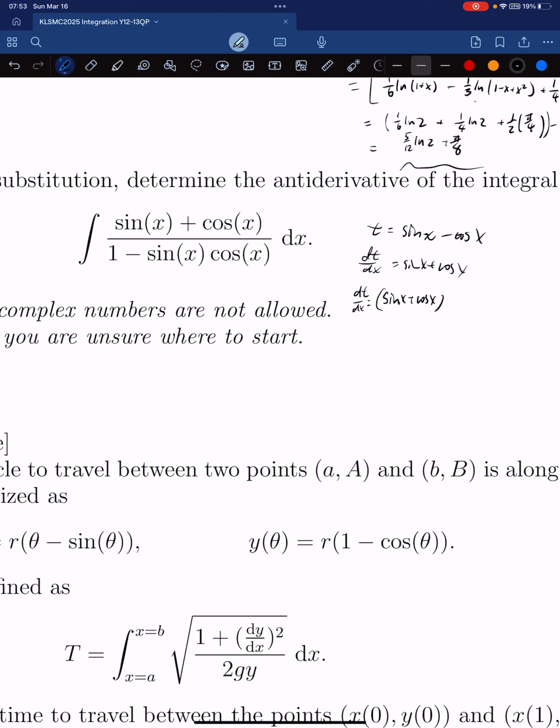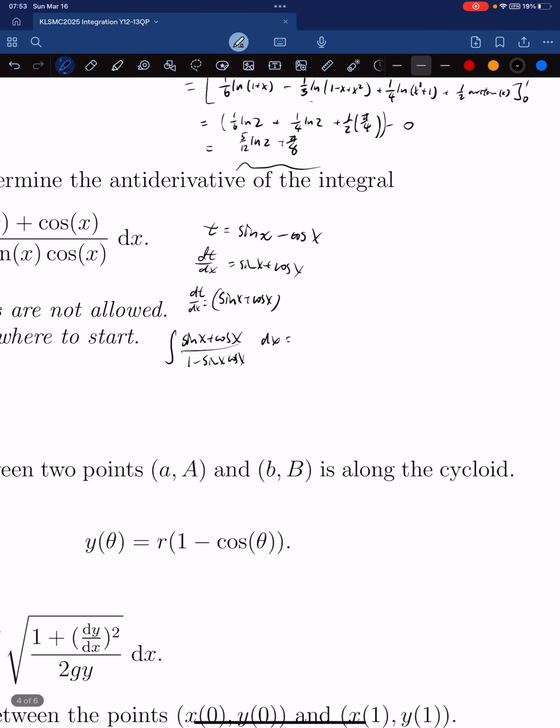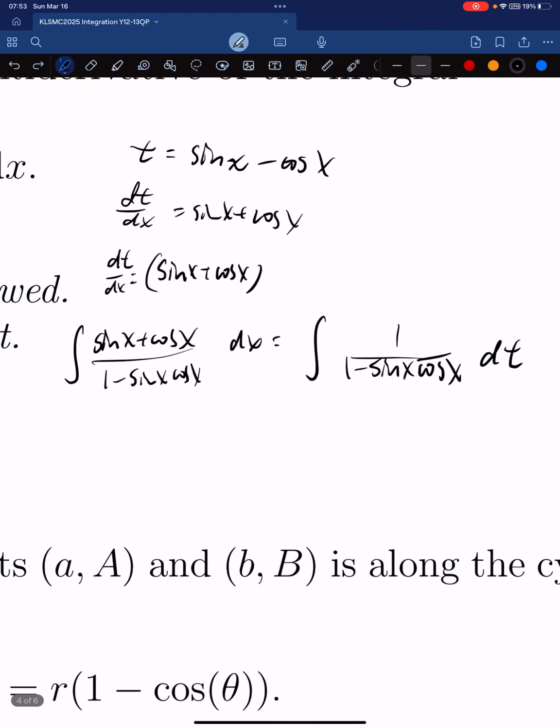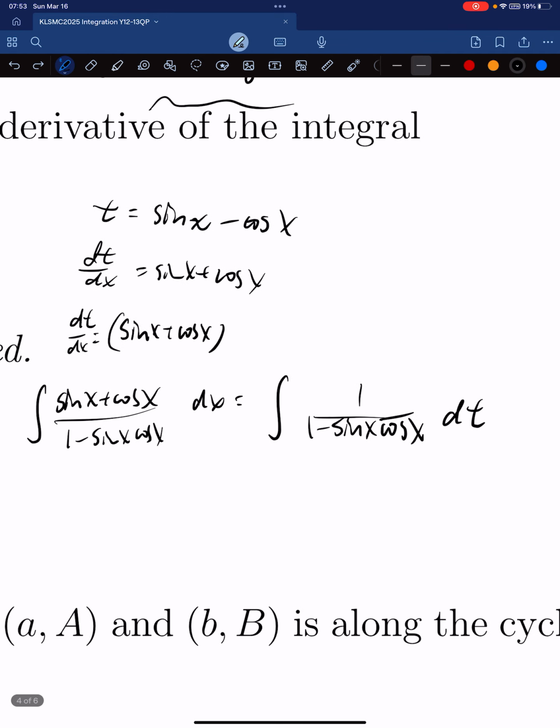So then we can say that the integral of sine x plus cos x over 1 minus sine x cos x dx is the same as the integral of 1 over 1 minus sine x cos x dt, because sine x plus cos x is the derivative of t, so we can just replace this with dt. Now let's try to express our denominator in terms of t.